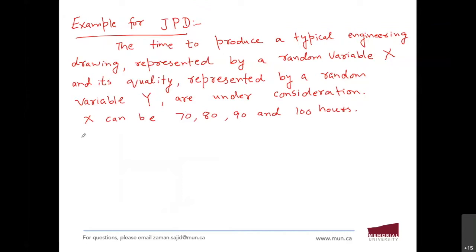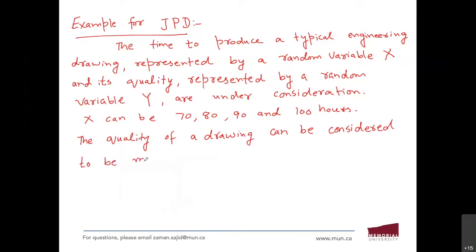The quality of a drawing can be considered to be moderate, good, and excellent.